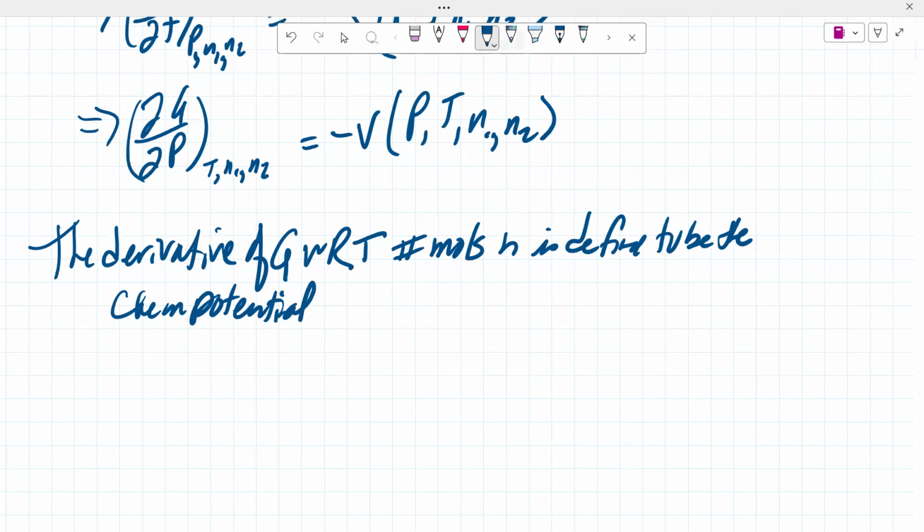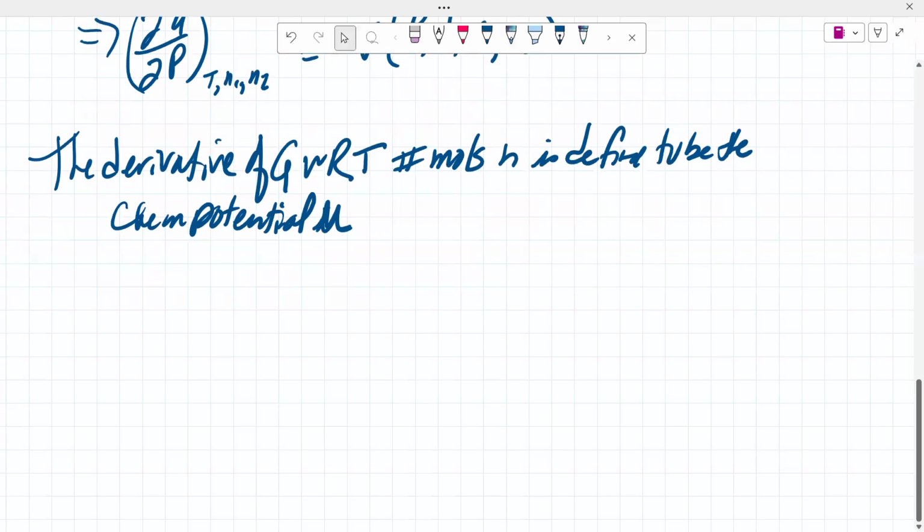Now we're back to the chemical potential. All right. We'll use the equivalencies and definitions above.